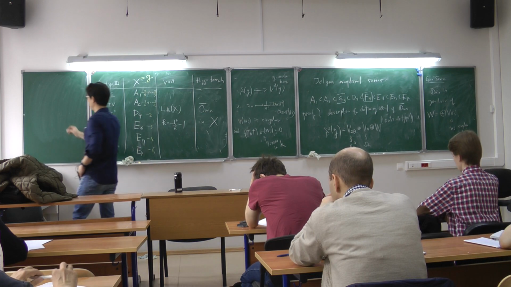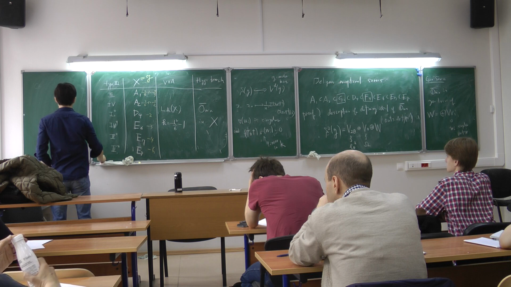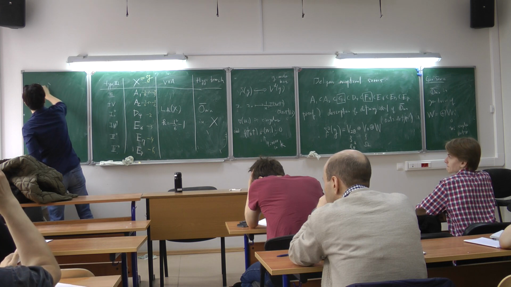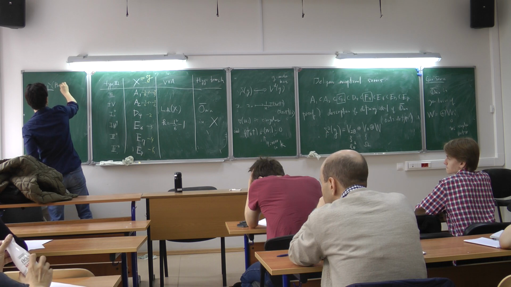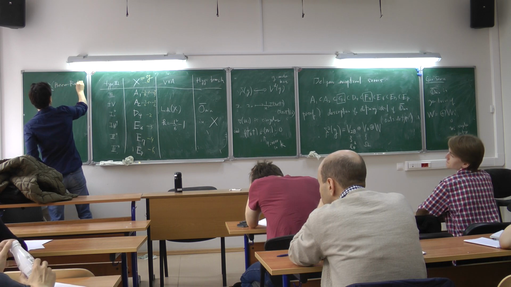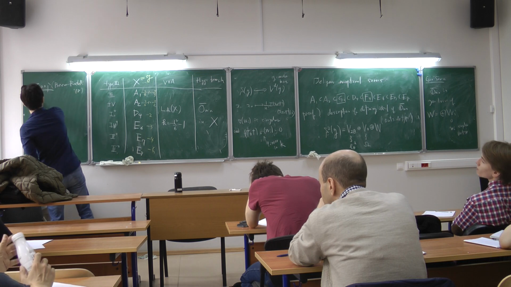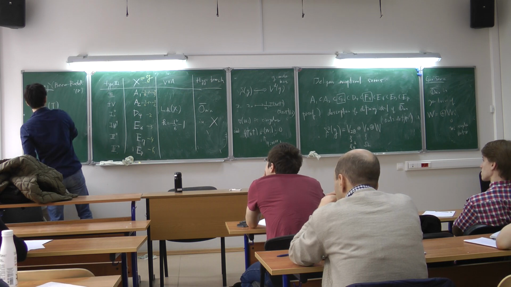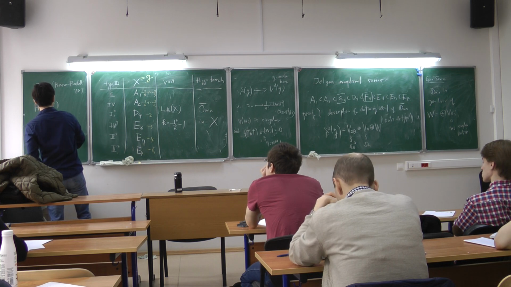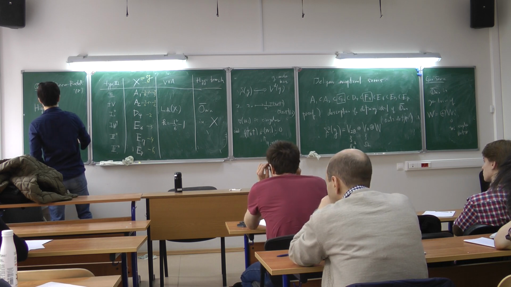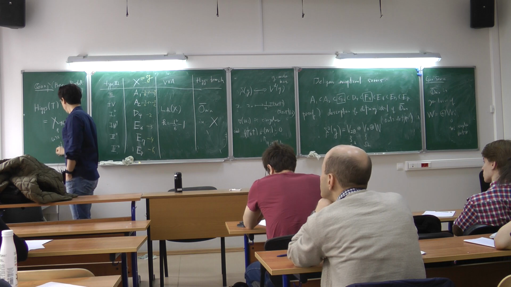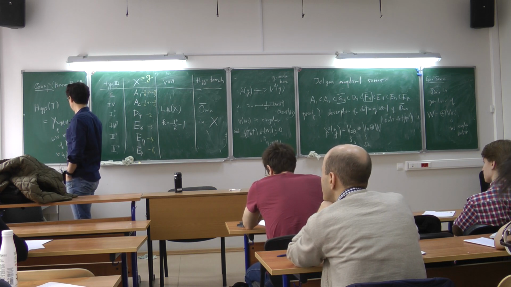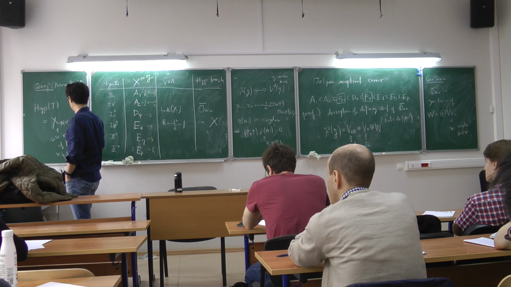So anyway, now the physicists believe the conjecture that the Higgs branch of the 4D theory is exactly the associated variety of the corresponding VOA for any 4D N equals 2 superconformal field theory.